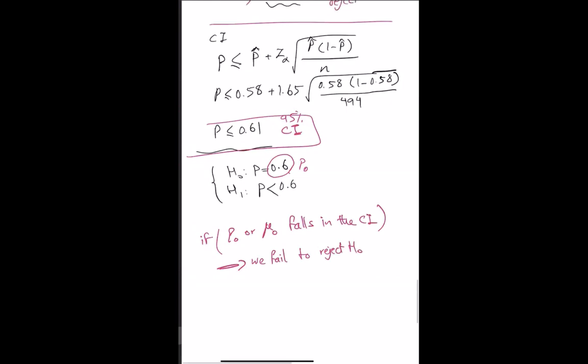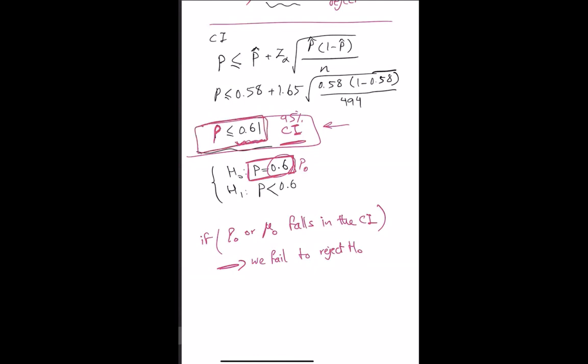Why? Because here, what I say is that with 95% confidence, this proportion, this characteristic of interest that I don't know its value, is somewhere less than 0.61. I don't know the exact value. But then I ask you, look, I'm testing if this value is 0.6 or not. 0.6 is in this interval, it's less than 0.61.